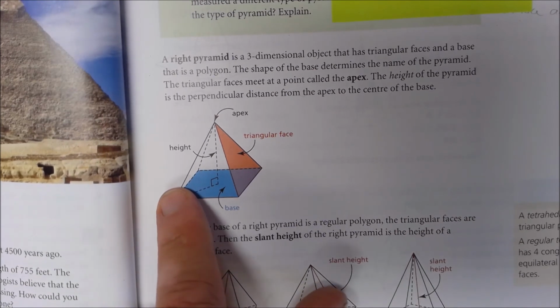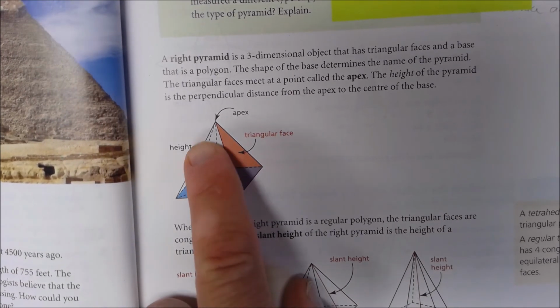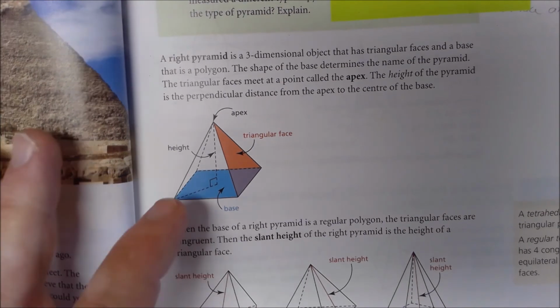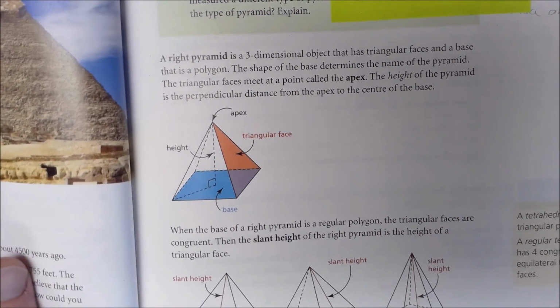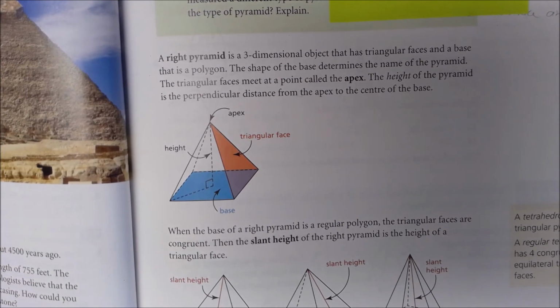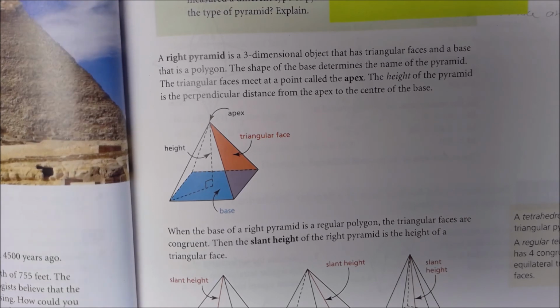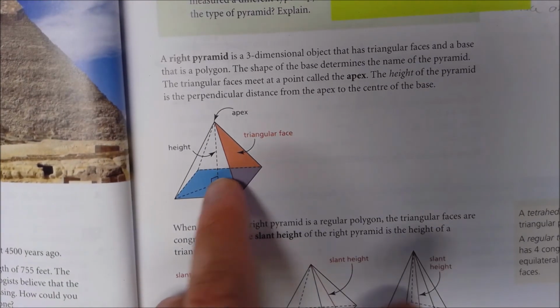Starting from this corner going to the middle and then going straight up to the peak, there's a 90-degree angle formed right in the middle of the triangle. That's why we call them right pyramids. And this will happen whether you have a square, a triangle, a rectangle, or even a pentagon as your base.